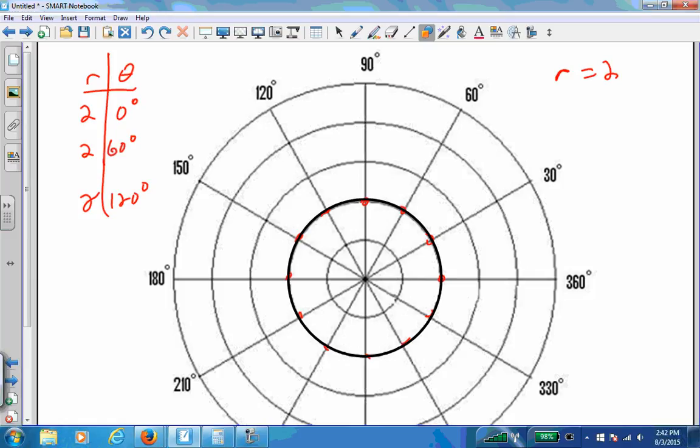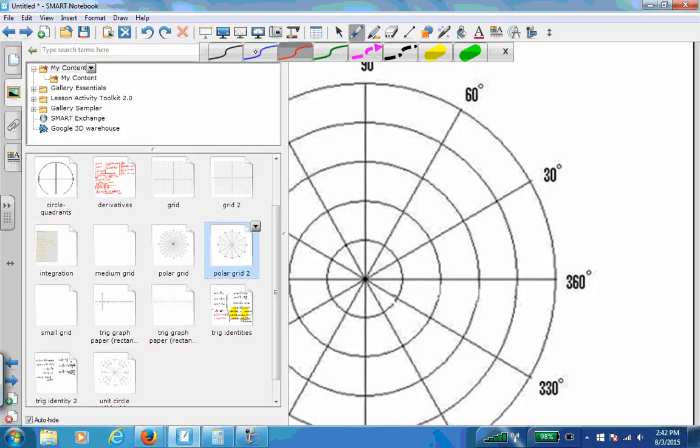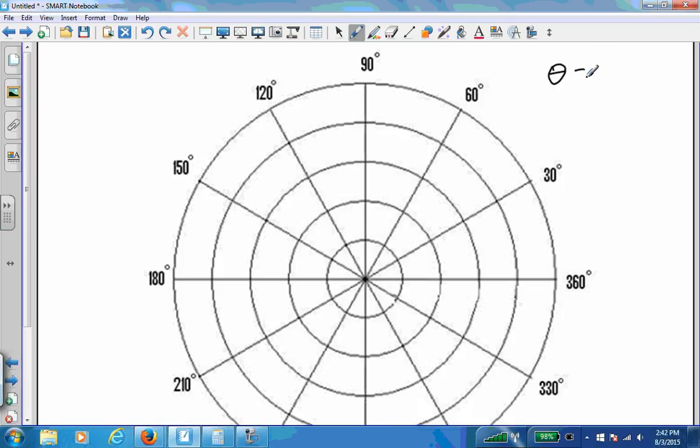If I say, let's plot theta equals pi over 3. If I were to make a table, that means no matter what radius you tell me, I'm going to plot that radius in the direction of pi over 3.